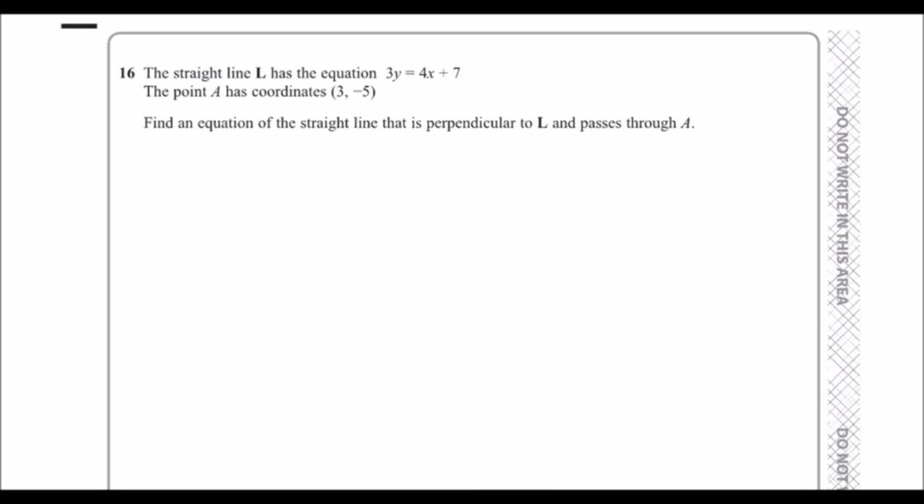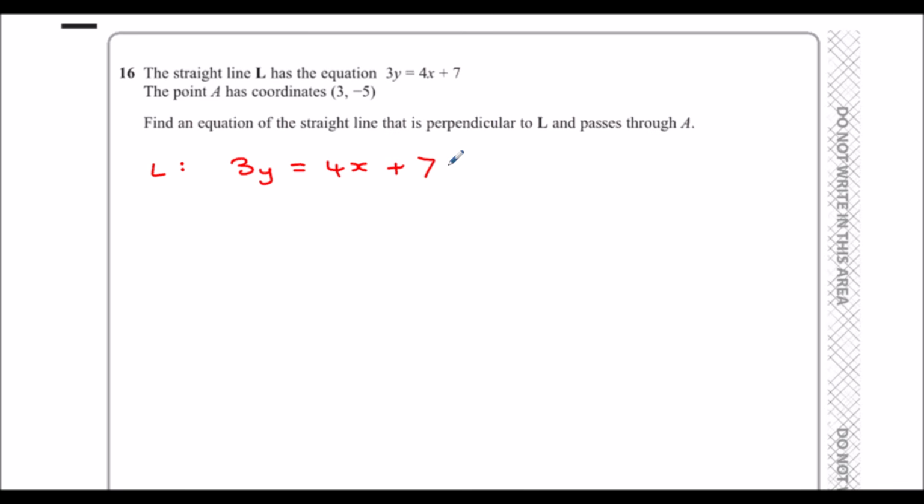Question 16. The straight line L has the equation 3y equals 4x plus 7. The point A has coordinates 3, -5. Find an equation of the straight line that's perpendicular to L and passes through A. So to know the equation of a line perpendicular to L, we first need to know the gradient of L. So for L, the equation is 3y equals 4x plus 7.